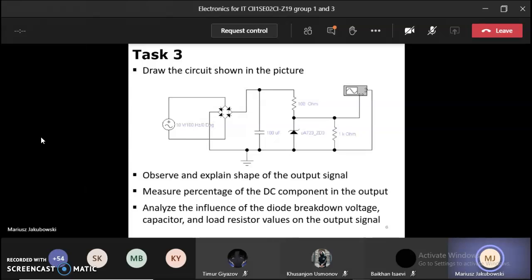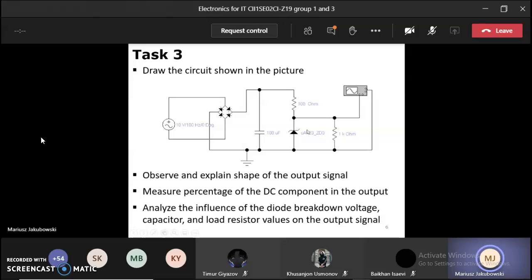The breakdown voltage for a Zener diode is in the range of a few volts, 2, 3, 5, 11. You can find diodes for different breakdown voltages, but in general they are not as high as for ordinary diodes. And when this diode goes into the breakdown mode, the voltage across the diode is pretty stable.